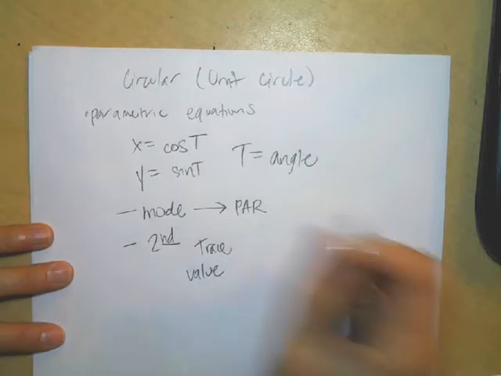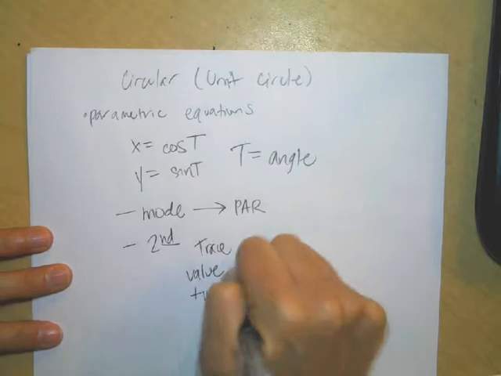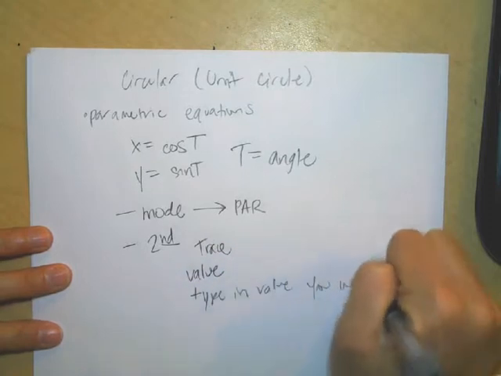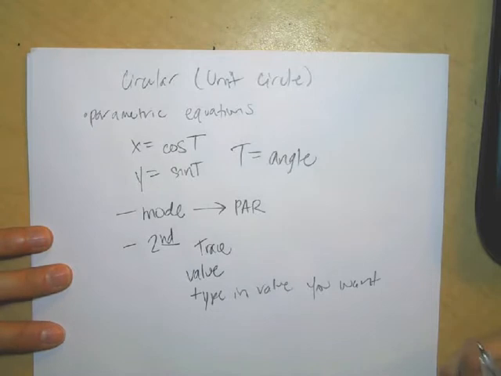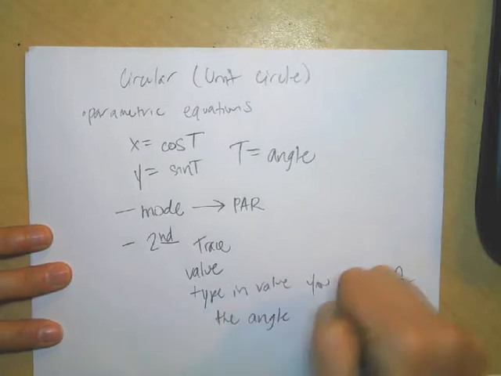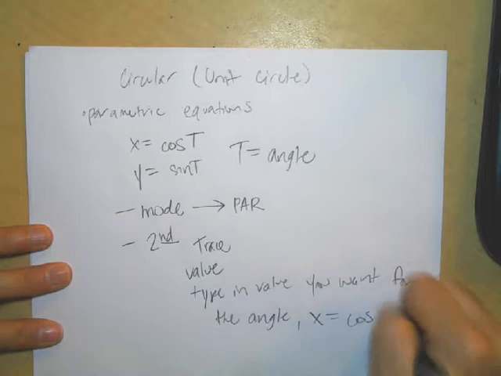You type in the value you want for the angle, and it will give you sine and cosine. X will be cosine of the angle, y will be sine of the angle.